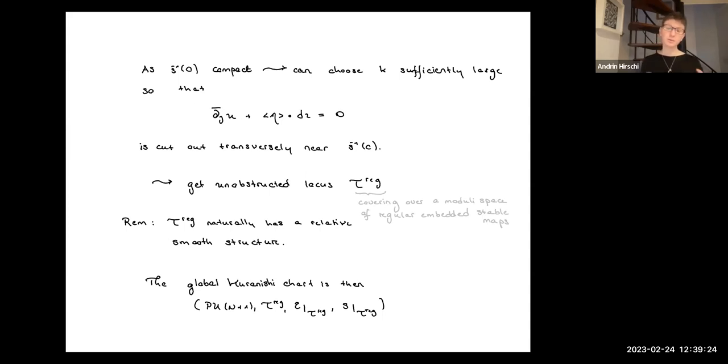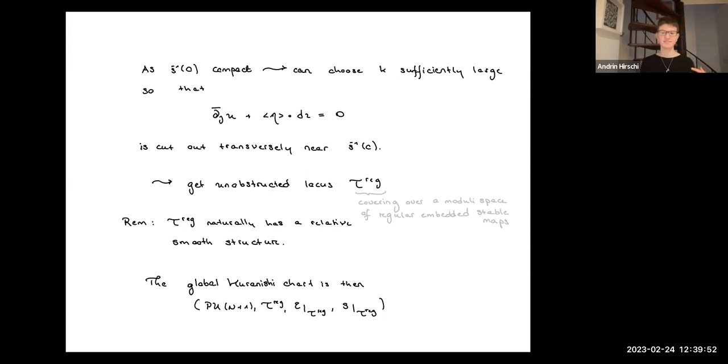With respect to this map, the locus T-reg naturally has a relative smooth structure. The map itself you can show is a topological submersion, but it might not be smooth in any way. But its fibers are smooth. So we have a vertical direction which has smoothness, and a horizontal direction which doesn't. But this is actually enough for most purposes.